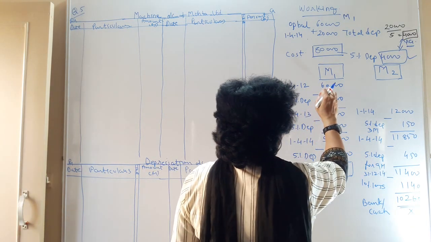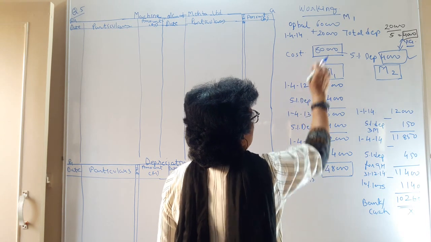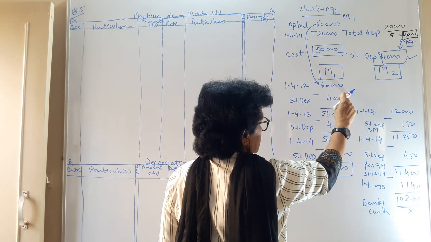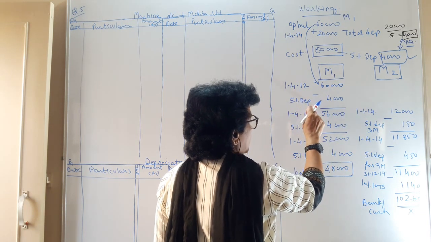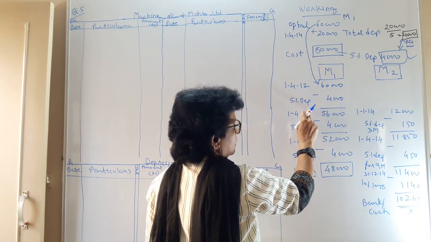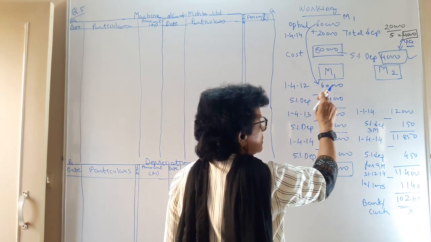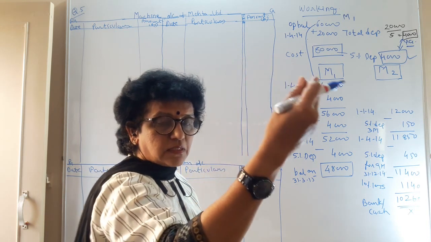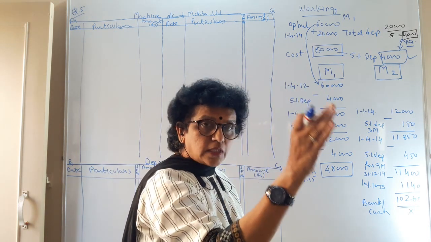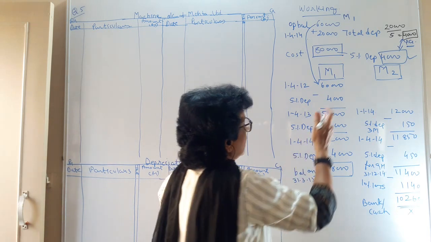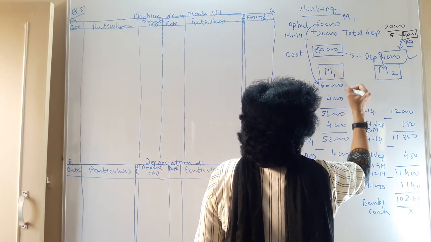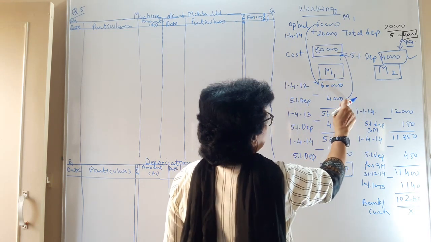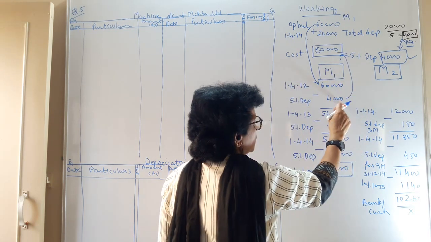Now let us continue. On 1/4/12, the 60,000 opening balance instruction is given, and we have posted. Now for this year, we have to charge depreciation at 5%. Don't count 5% of 60,000; 60,000 is the book value. SLM says the depreciation is to be charged on the original cost of the machine. So we have calculated the original cost of the machine, that is 80,000. 5% of 80,000 comes to 4,000.